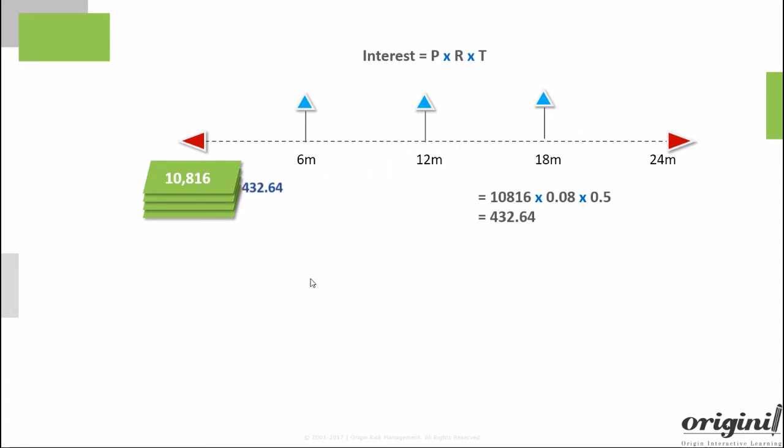Adding this back to principal, the new increased principal is 10,816 plus 432.64 is equal to 11,248.64.